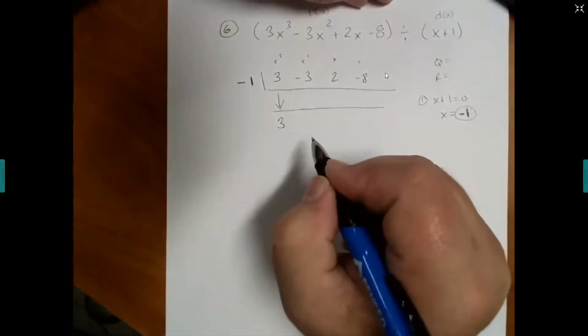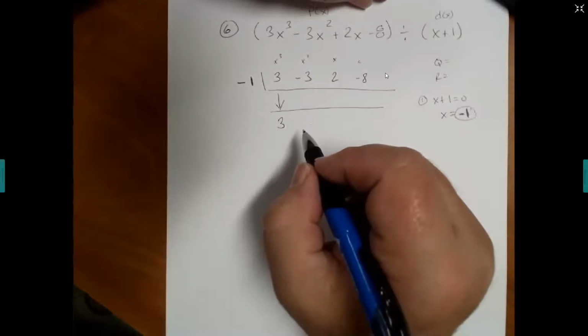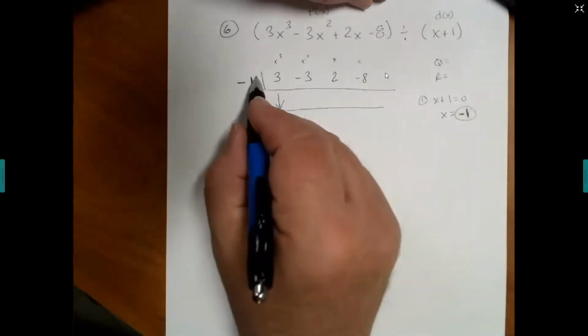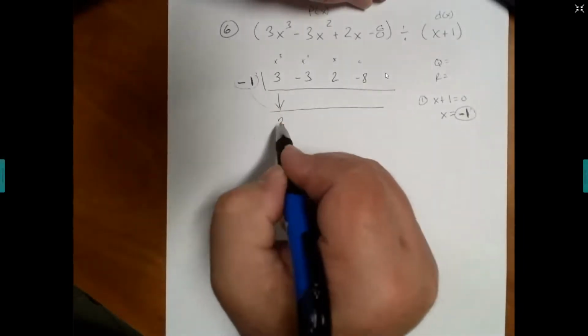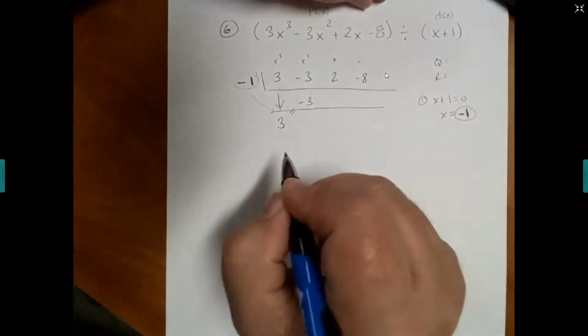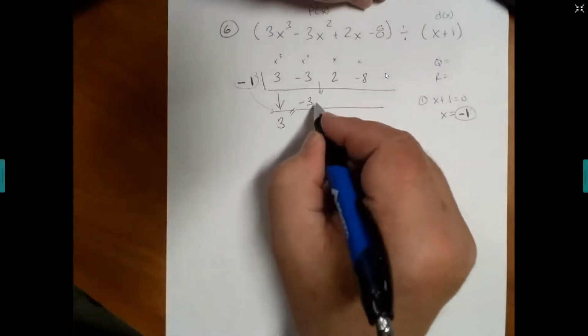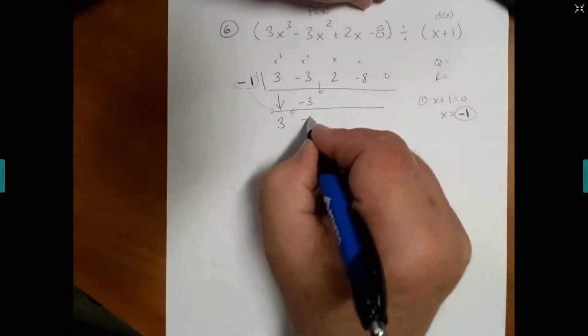Always bring down the first term. Multiply -1 times 3 is -3. And add. -3 plus -3 is -6.